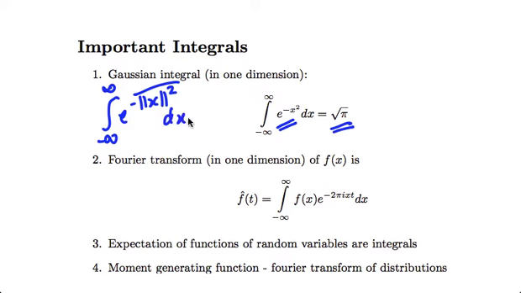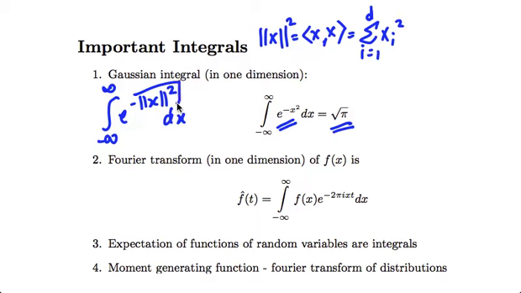dx, right? Now, I can split the norm of x squared. If you remember that the norm of x squared from our previous lectures was basically x dot x, which is the sum of xi squared for i equal to 1 to d. So you can write this term out as a summation. And you know that the exponent of a summation is the product of the exponents.